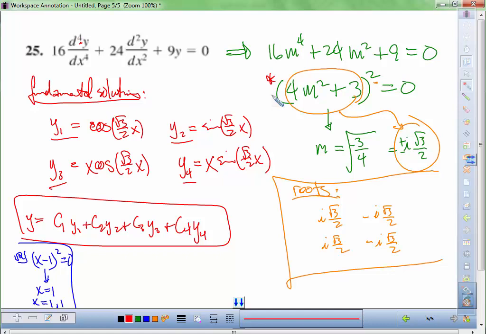Yeah, so that's the other thing: if there's multiplicity more than 2, you just make it an x squared.